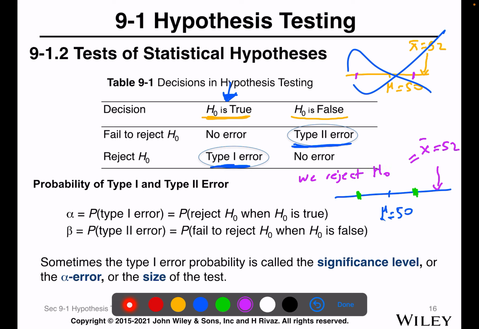But remember that we assumed that the null hypothesis is true. So we reject it in error, and that's called type 1 error. And that's always denoted as alpha. So alpha is the probability of type 1 error, which means the probability of rejecting H0 when H0 is actually correct.